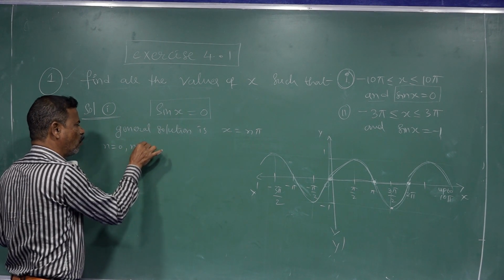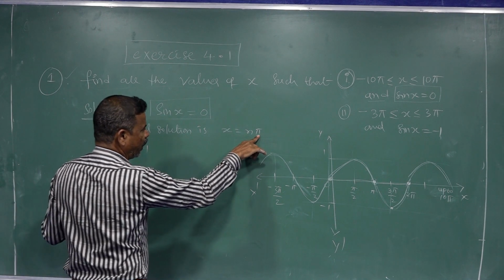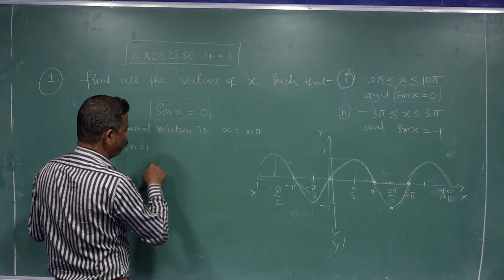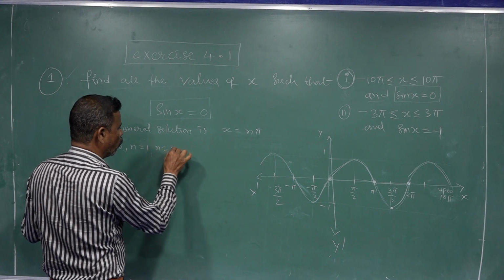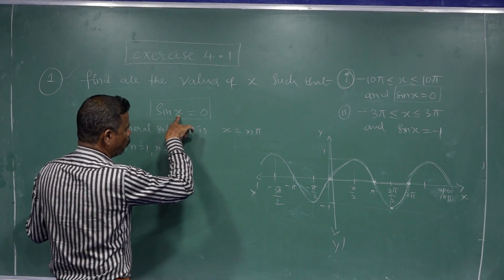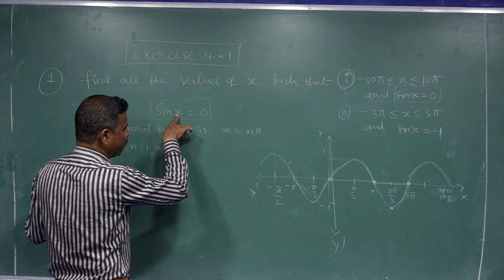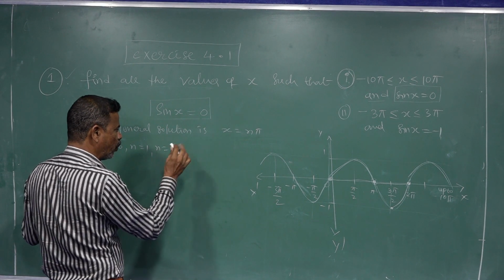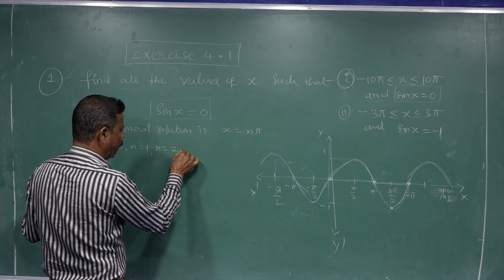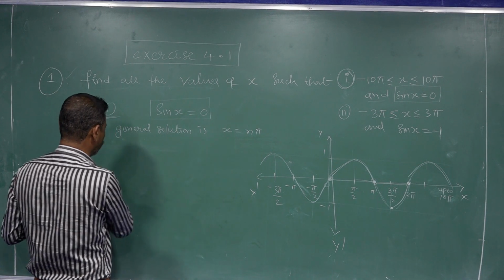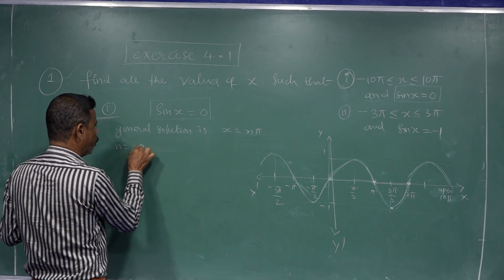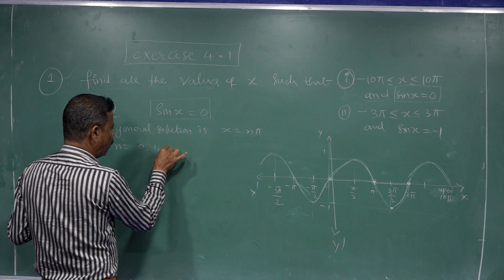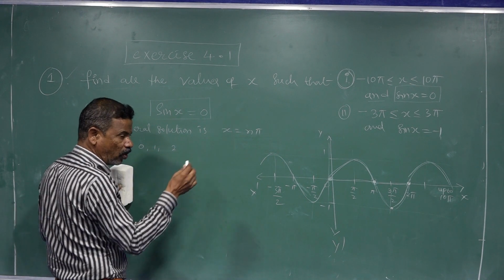If n is equal to 1, π is 180, sin 180 is 0, and n is equal to 2, 2π is also 0. 2π means 360, sin 360 is 0. Like that n is 0, 1, 2, up to 10.